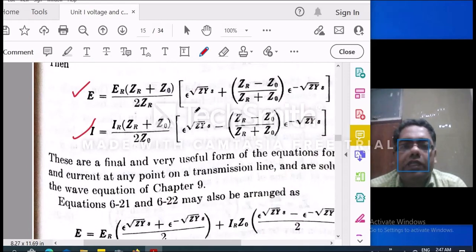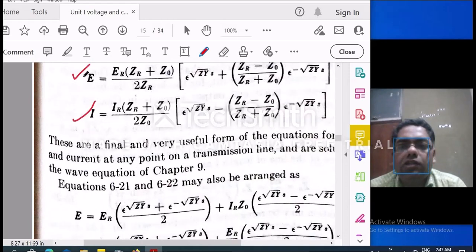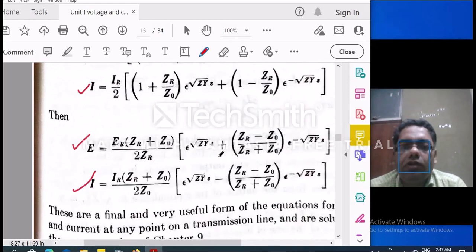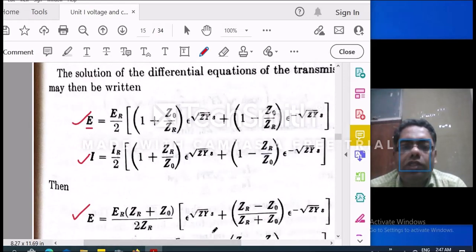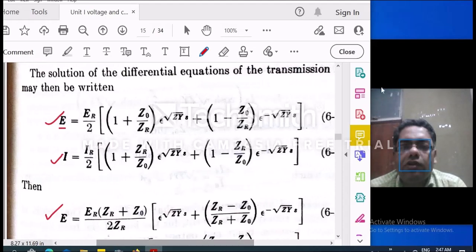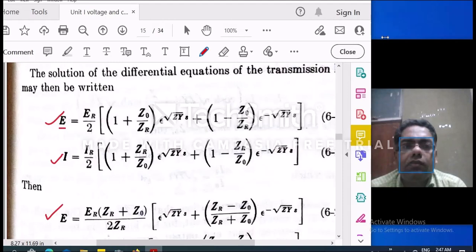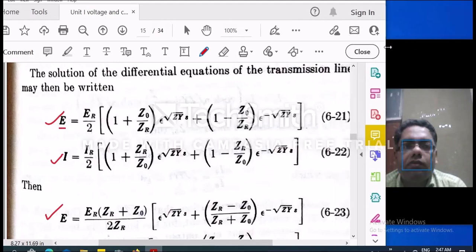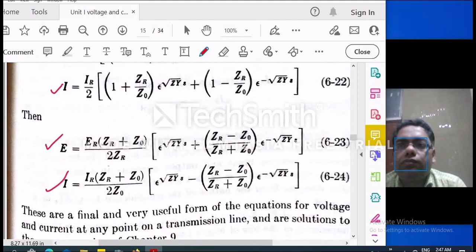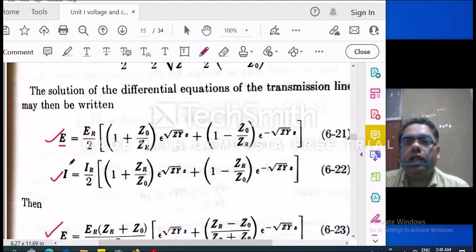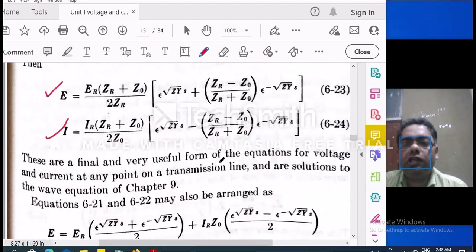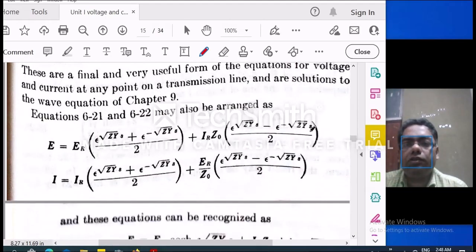Now this is just algebra. These 2 equations I can further rearrange and write in this form.